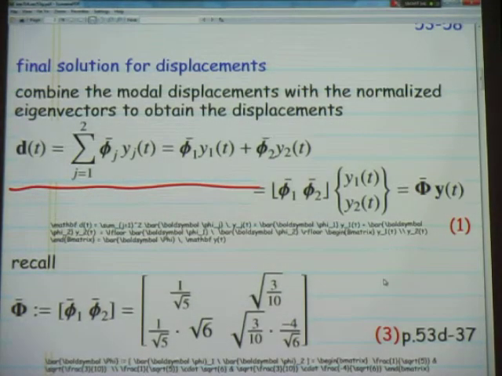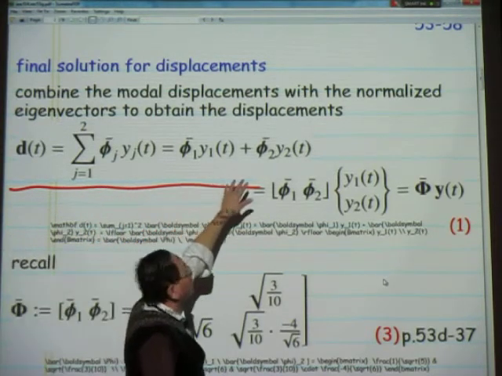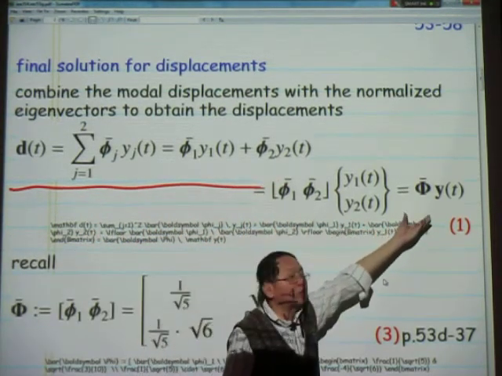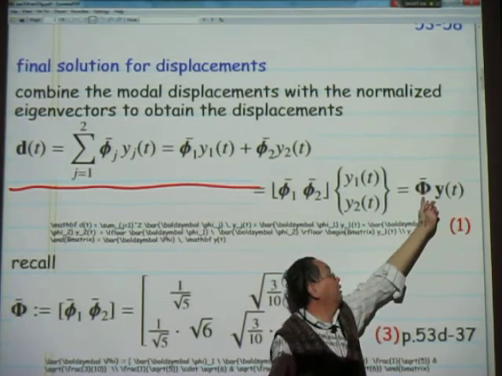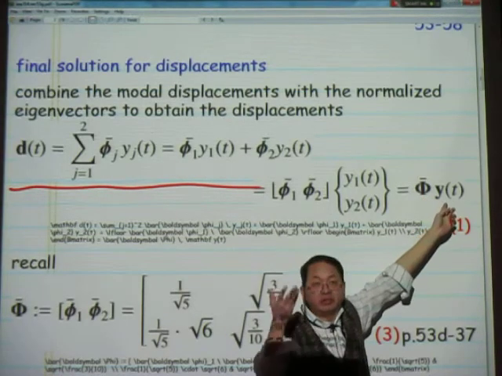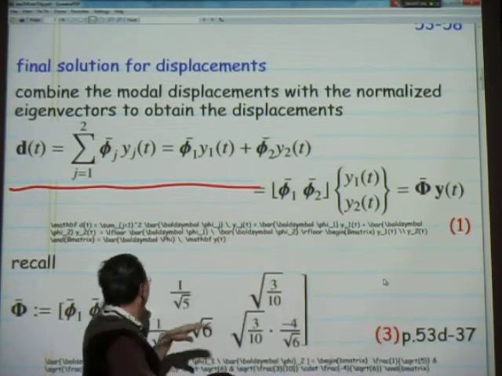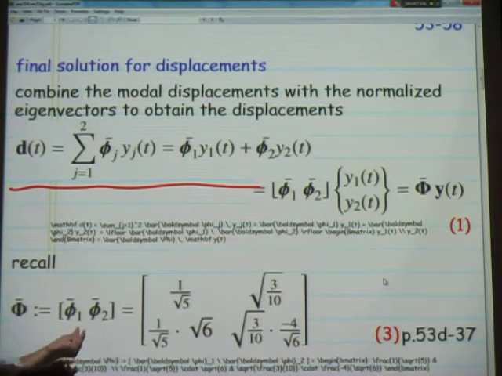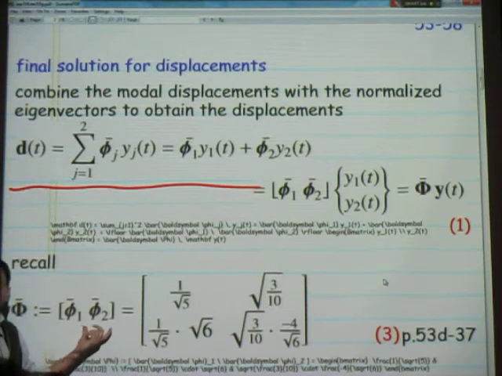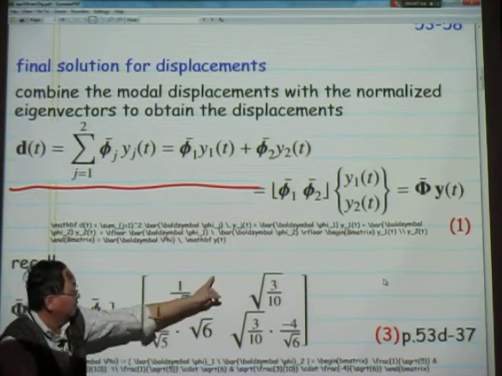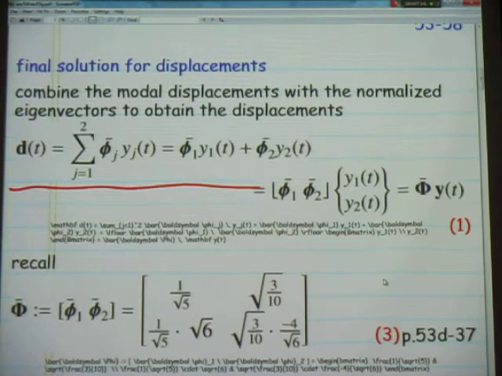Here I do it a little more compactly. I remind you that this pedestrian expression can be expressed compactly in terms of the matrix variable phi bar and matrix Y, where phi bar is just putting the two normalized eigenvectors side by side. So this is a 2 by 2 matrix, and that's right here. I have done this many times, and I hope that by now you have internalized.